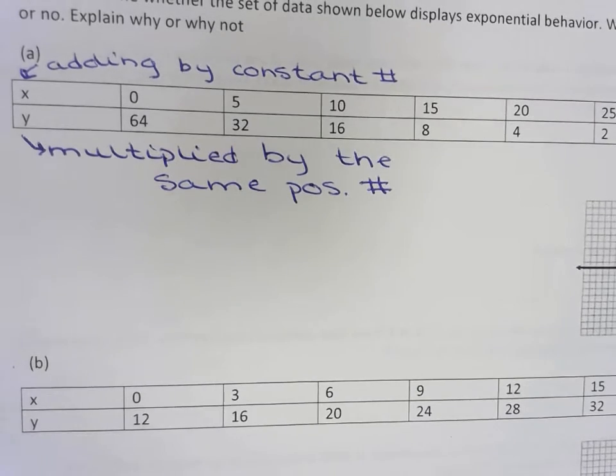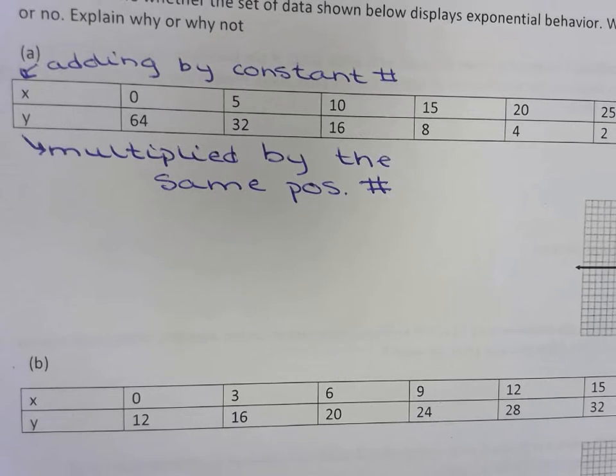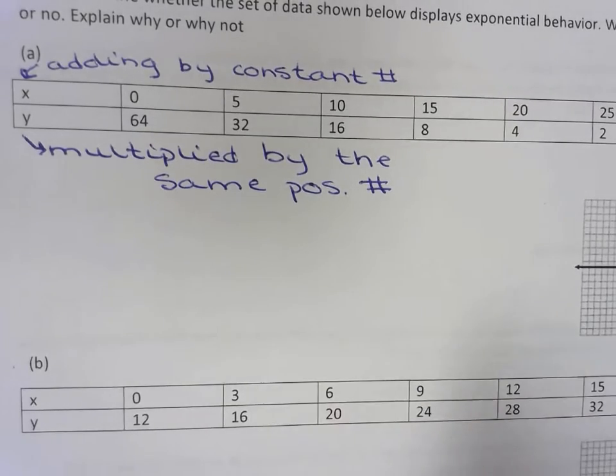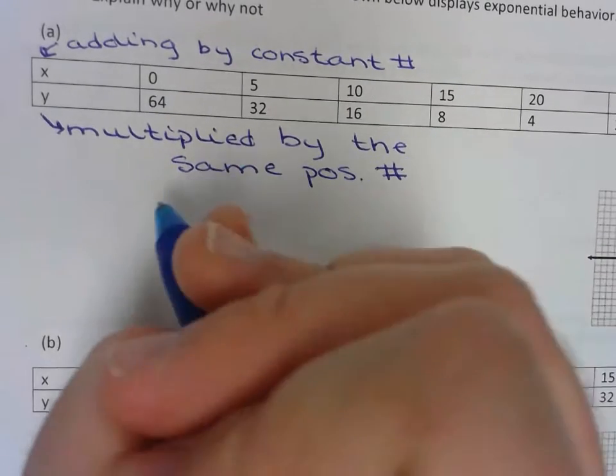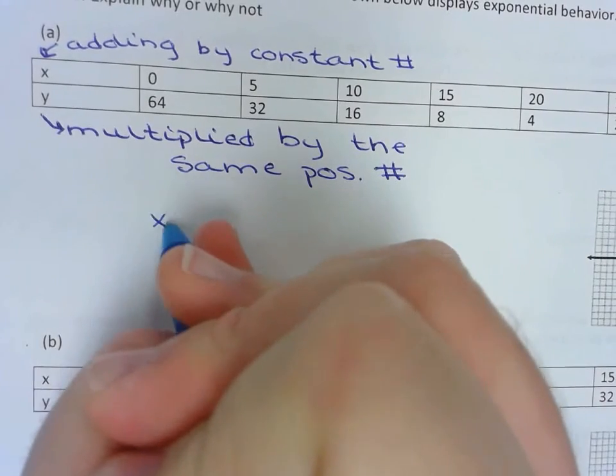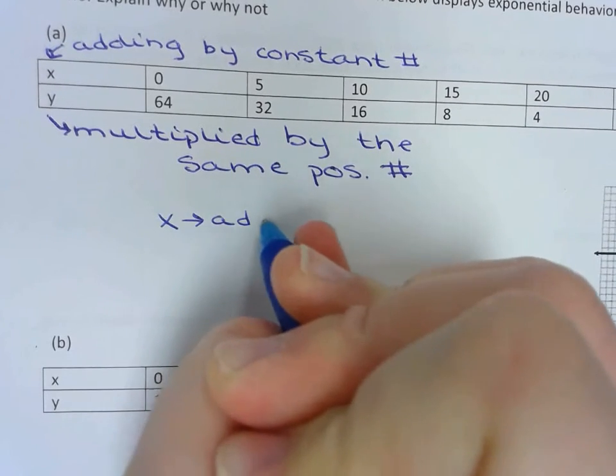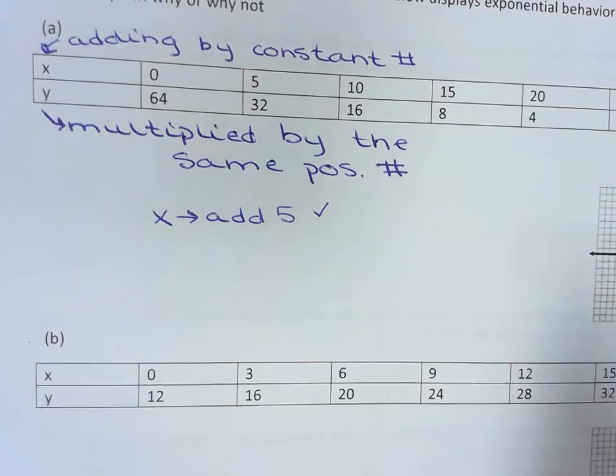So let's look at my x values. I go from 0 to 5 to 10 to 15 to 20 to 25. Am I increasing by the same amount each time? Yes. My x values are adding by what? 5. So I'm good with my x values. That's what I'm checking for.